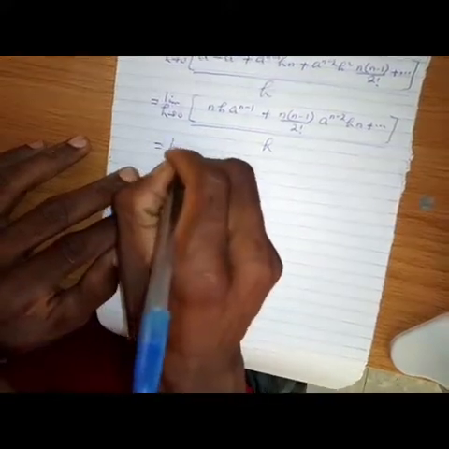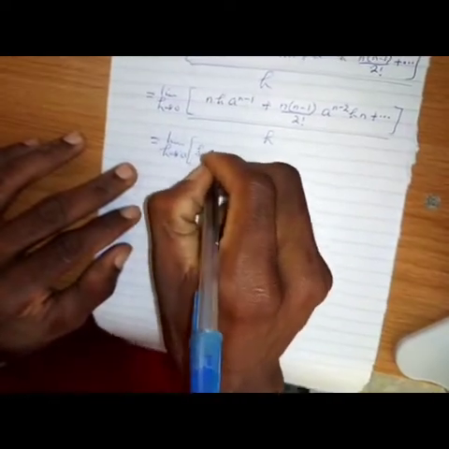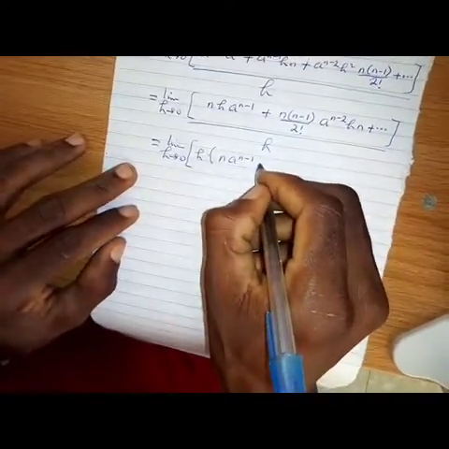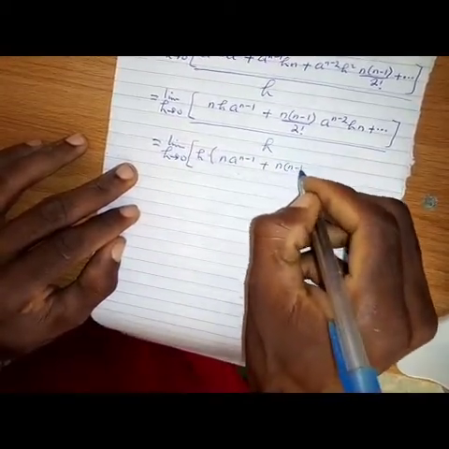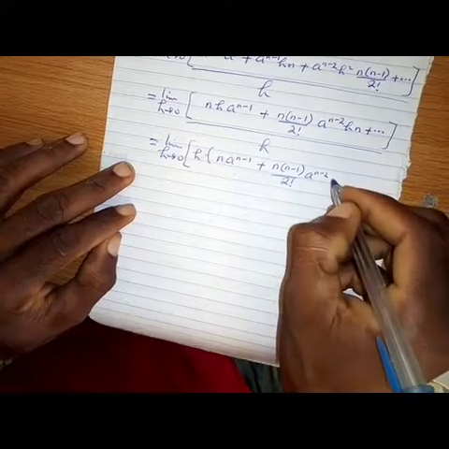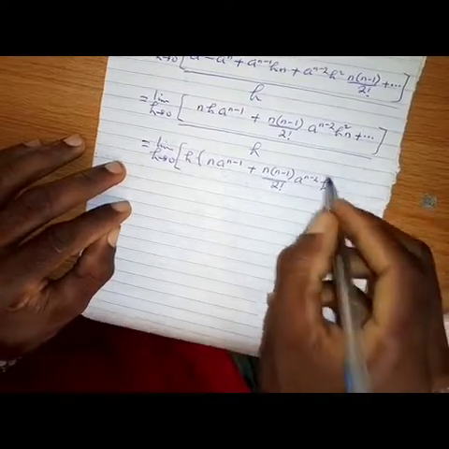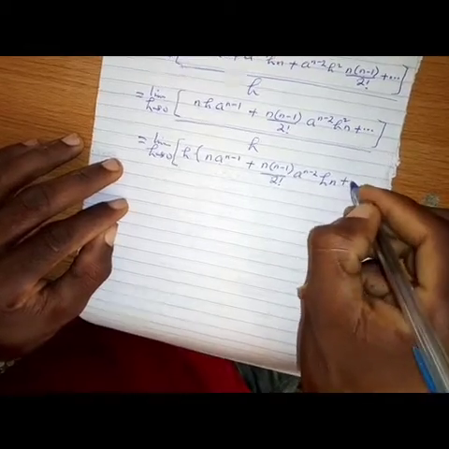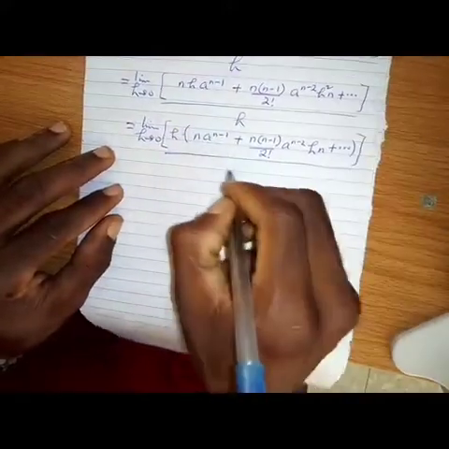This is equal to the limit as h tends to 0 of h into n a to the power of n minus 1, plus, factoring the h, n into n minus 1 divided by 2 factorial a to the power of n minus 2, and h squared becomes h, standing alone, h, plus and so on, put in brackets and close it, divided by h.